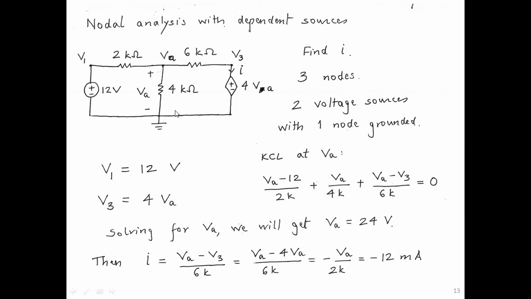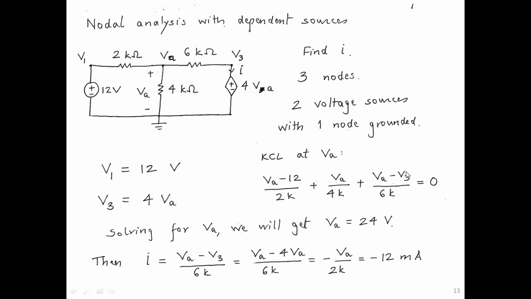And the third equation: VA is this voltage, so all we need is one KCL at this node. I am writing that directly. It's (VA minus 12) divided by 2 kilo ohms, plus VA divided by 4 kilo ohms, plus (VA minus V3) divided by 6 kilo ohms, equal to 0.